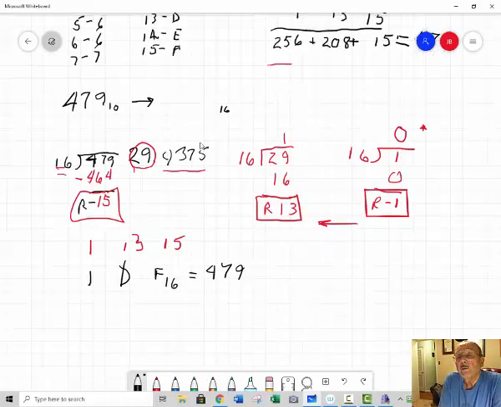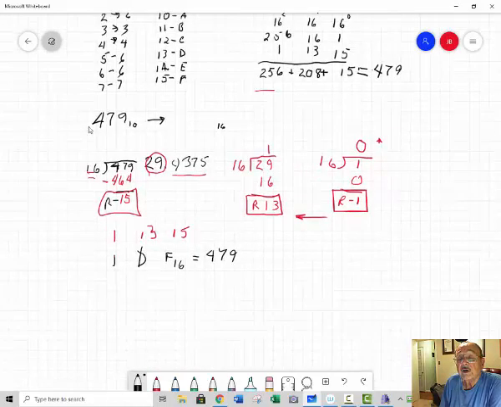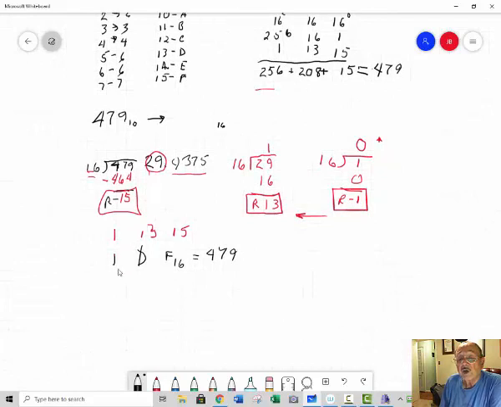Okay, so up here in this example, what we did was we took 1DF and converted it to 479. Multiplying 1 times 256, 13 times 16, and 15 times 1. We got the 13 from the D and the 15 from the F. On this example down here, what I took was the 479 and I want to convert it to hexadecimal, and I just simply did the long division.